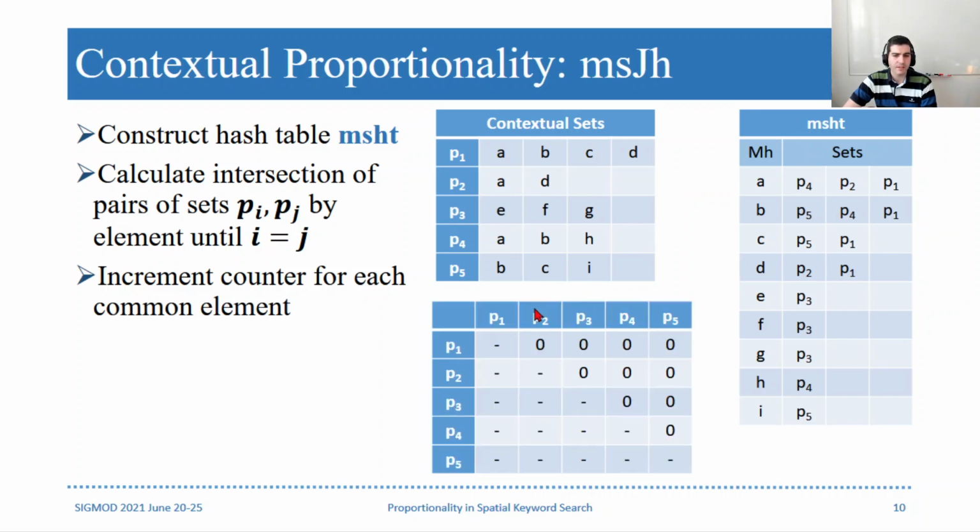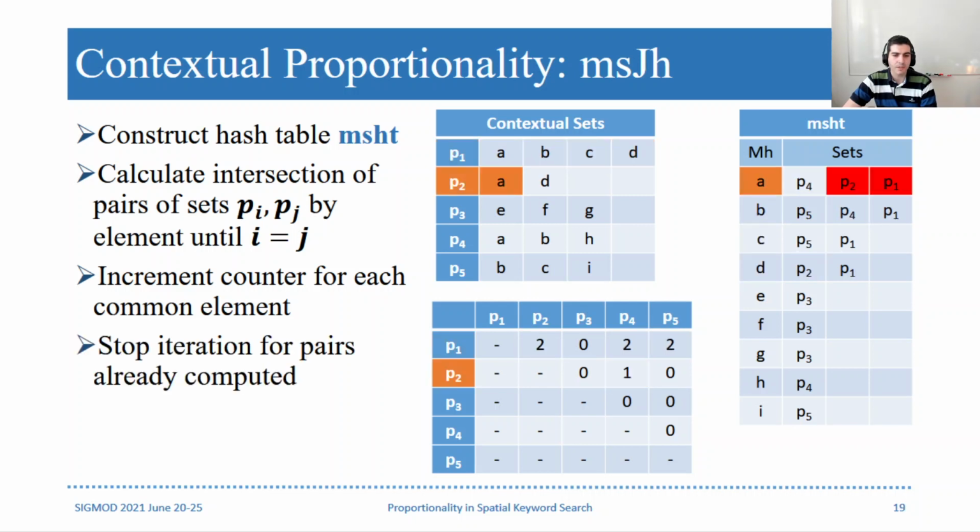Then we iteratively compute the intersection of all sets by incrementing the relevant array element. We terminate each iteration when an element appears in a set that has already been considered. In that way, the contextual set of P3, for example, does not add any operations to the computation as it has no common elements with other sets.